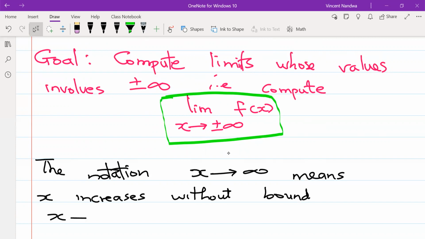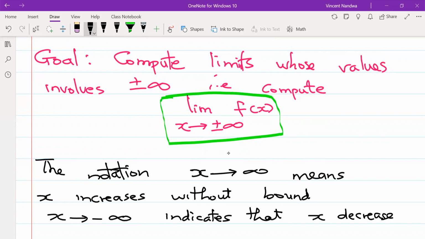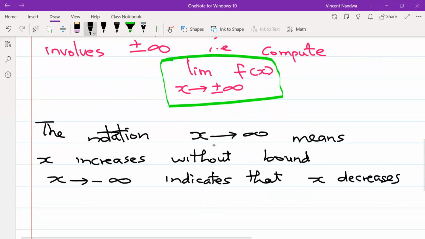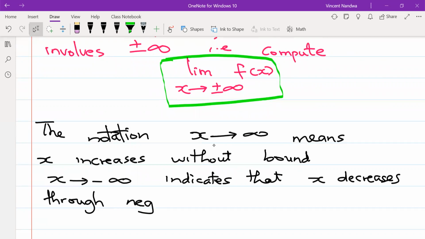And the notation here means x decreases without bounds.